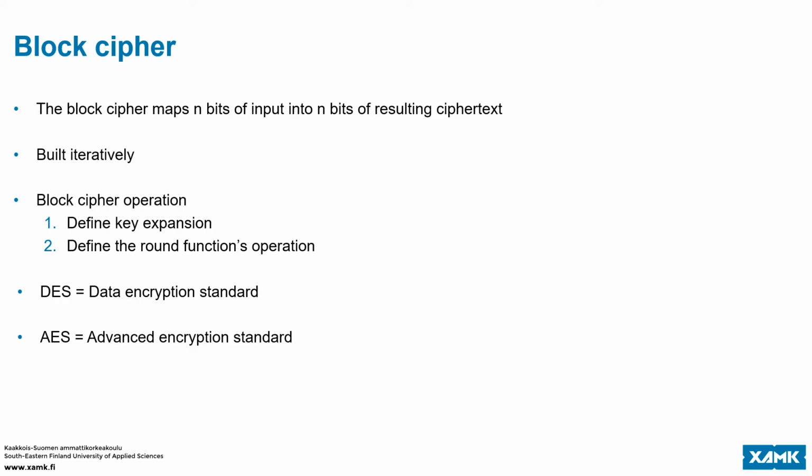Block ciphers are built iteratively, and this iteration is based on two things. First, we have to define a key expansion algorithm, and then we have to define the round function's operation. Two examples of the block cipher are common, so there's DES, or the Data Encryption Standard, and AES, or the Advanced Encryption Standard.